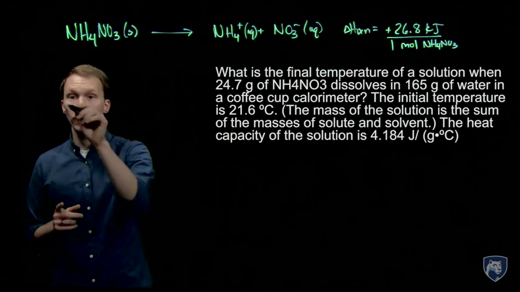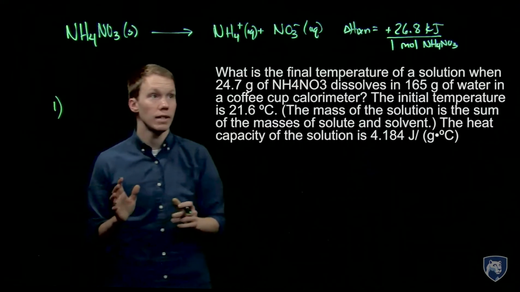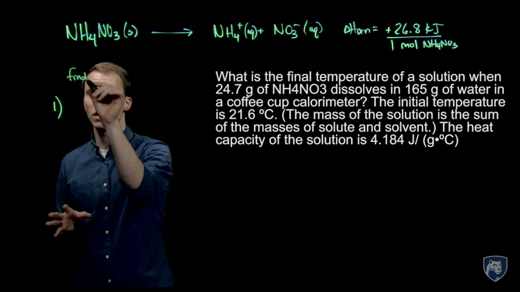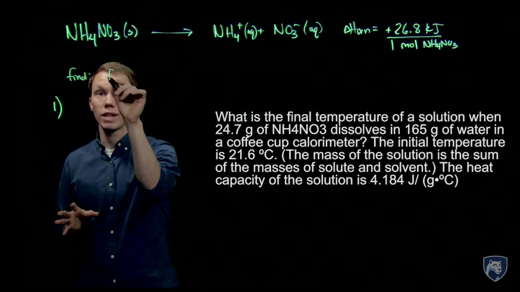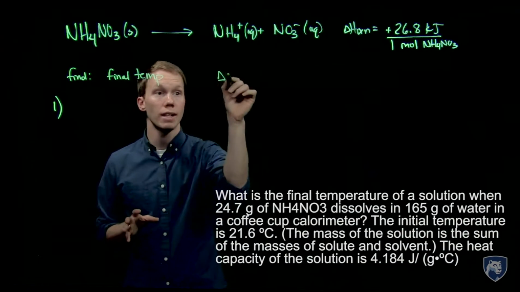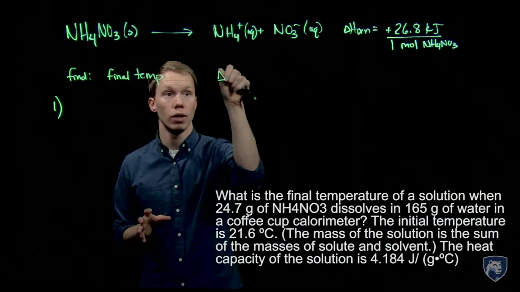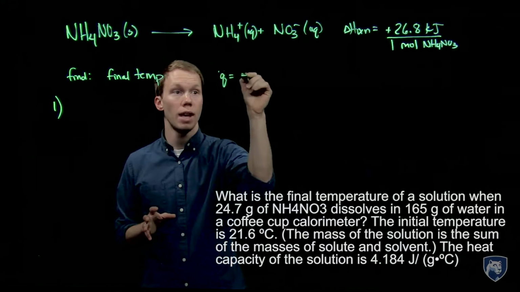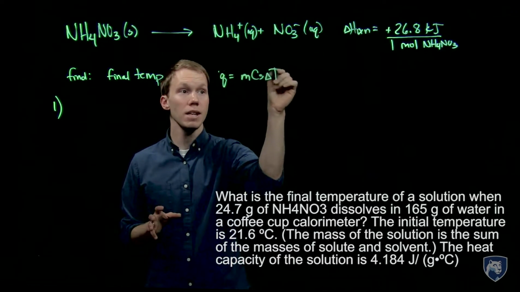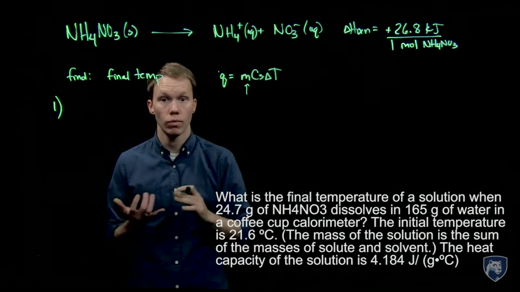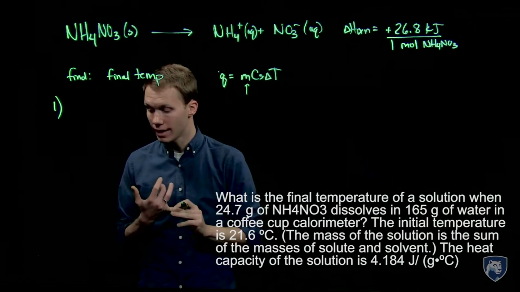All right, so the first thing that we need to do here is think about what we're asked to find. We are finding the final temperature, all right? And we know that that's going to be solved through q = mCs delta T. So we need to know the mass of my solution, which we know, right? That's given.